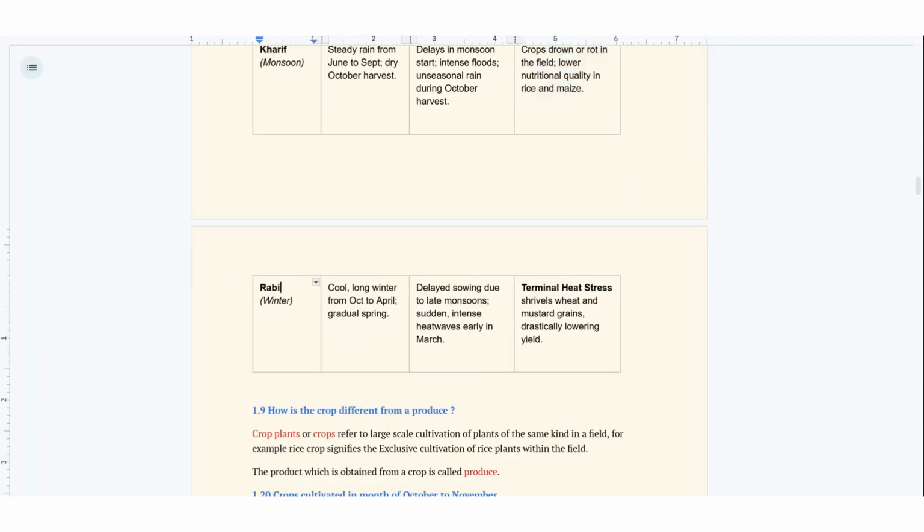Coming to rabi crops, delayed sowing due to late monsoons, sudden intense heat waves early in March.